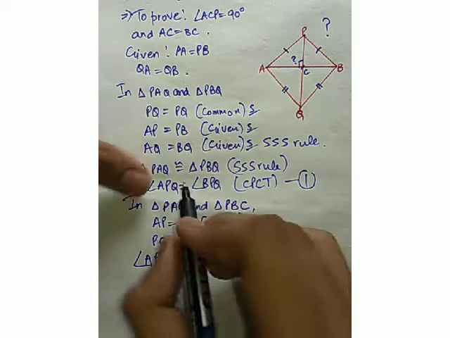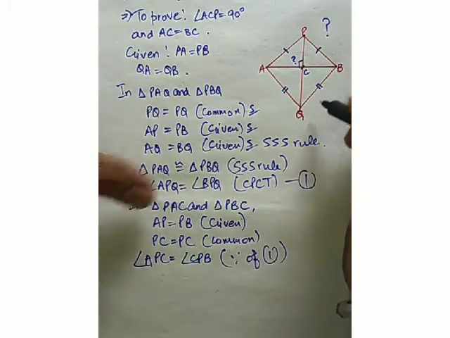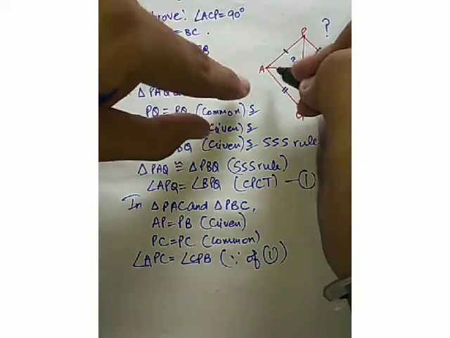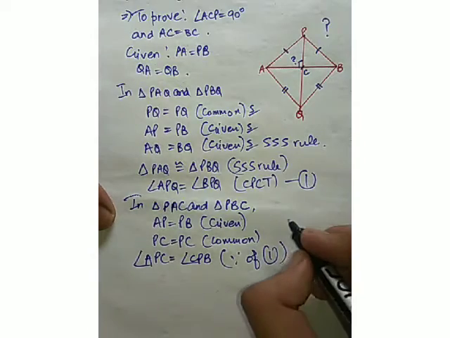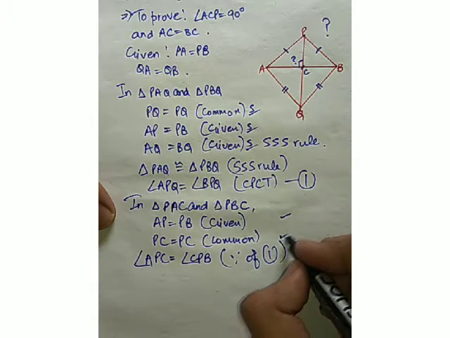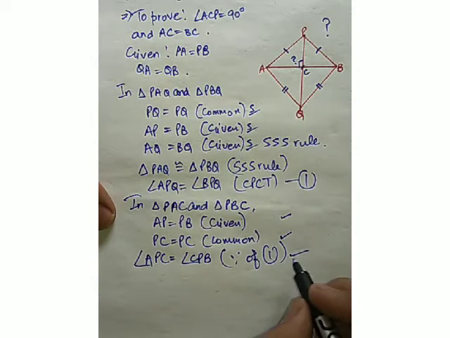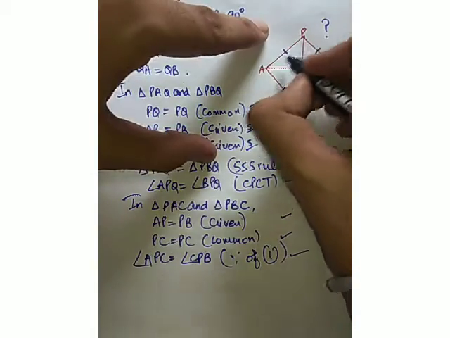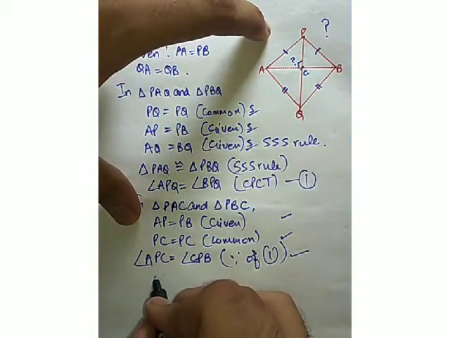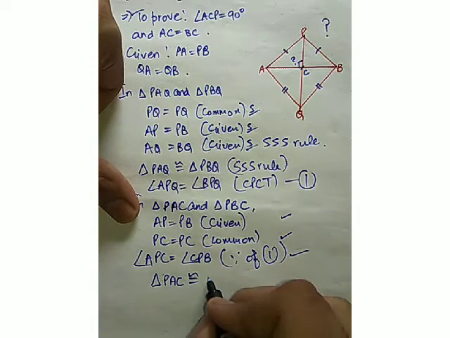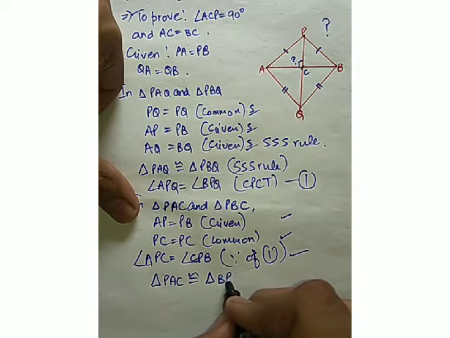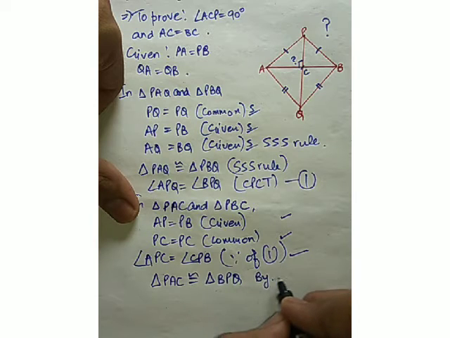Why? APQ was equal to BPQ, so automatically APC is equals to BPC because the angle is the same. So this is a side, this is again a side, and this is our angle, and it's the included angle between the two sides. So triangle PAC can be proven to be congruent to triangle PBC by the SAS rule.